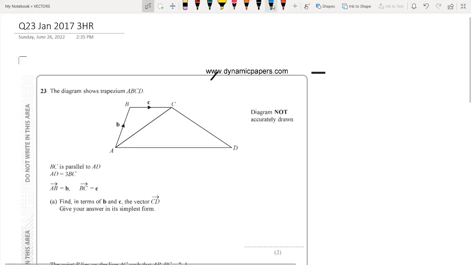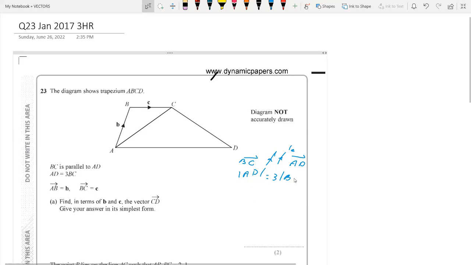In order to answer this question, we have to remember some rules. First, we have BC vector is parallel to AD vector. But at the same time, AD magnitude or size is triple BC. From this, we have AD vector is equal to 3 times BC vector.